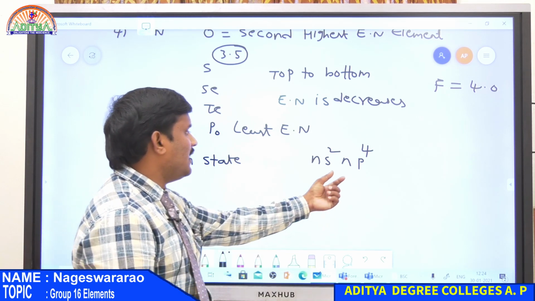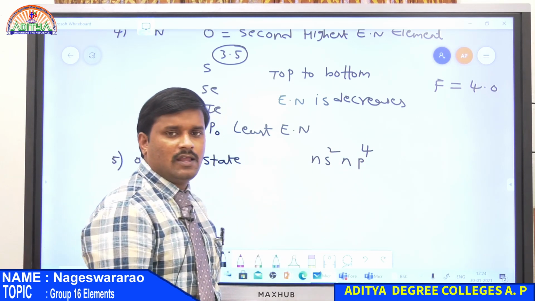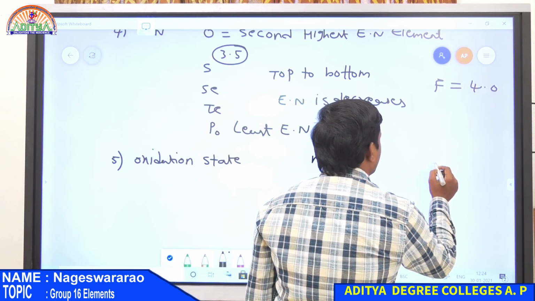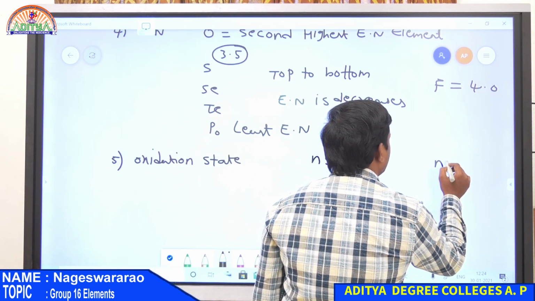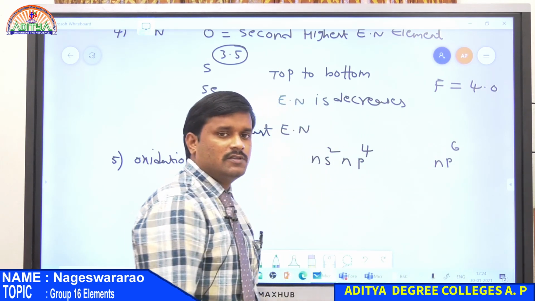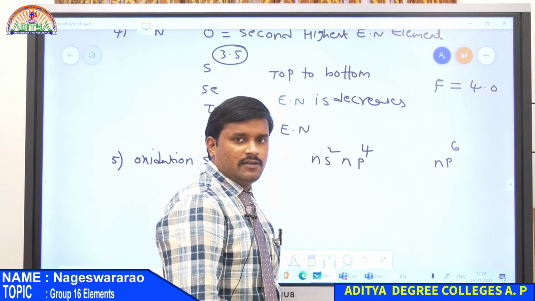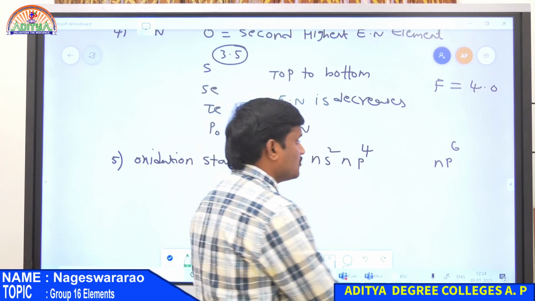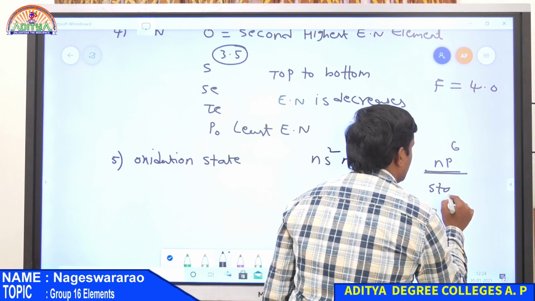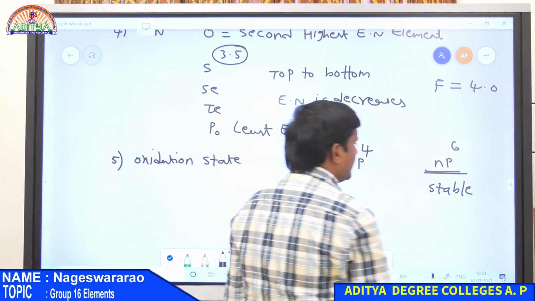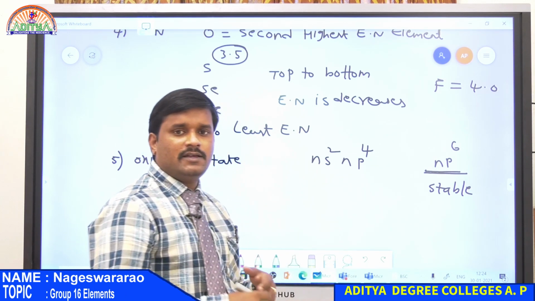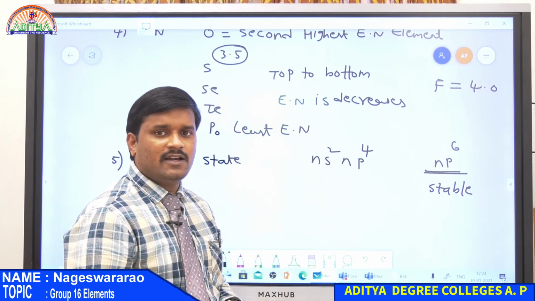So here p orbital having np4 electronic configuration, and what is the maximum electronic configuration for p orbital? That is np6. This is a completely filled orbital if it has 6 electrons. So completely filled orbitals are always stable. Therefore every element becomes stable by either loss of electrons or gain of electrons.